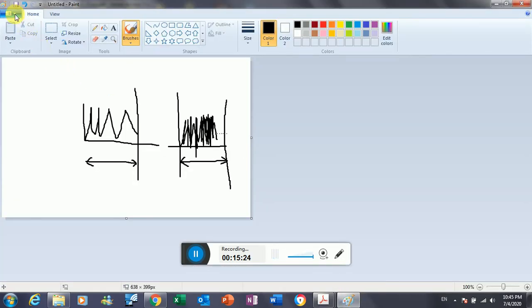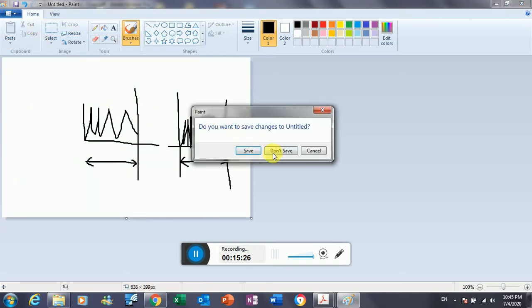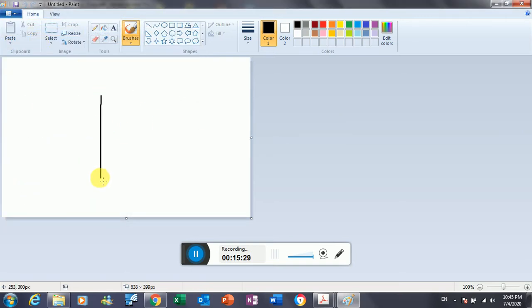So this means, let's say, this signal has finite number of discontinuities. This is one discontinuity, second discontinuity, third discontinuity, and then enough. So there are three discontinuities in this signal.